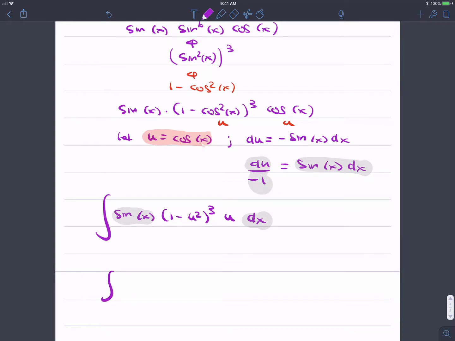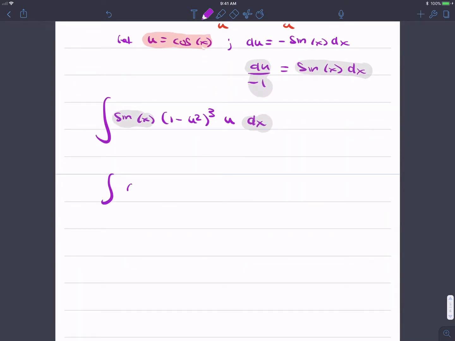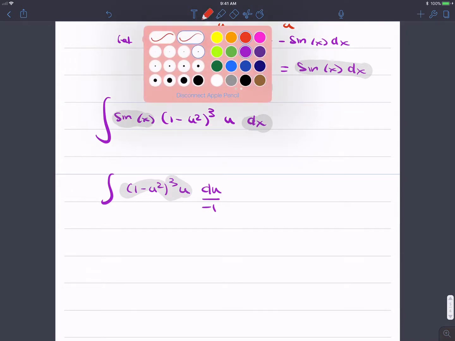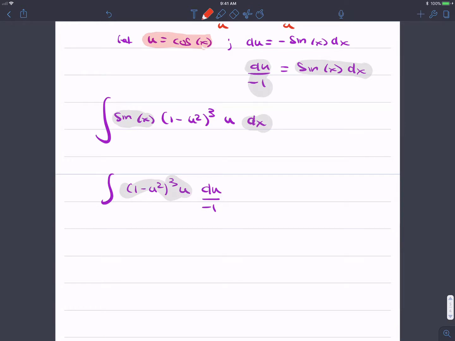So we'll have an integral of 1 minus u squared cubed times u, du over that negative 1. Let's keep that negative 1 there for now. What we're going to have to do now is some algebra, so we're going to have to notate this algebra.